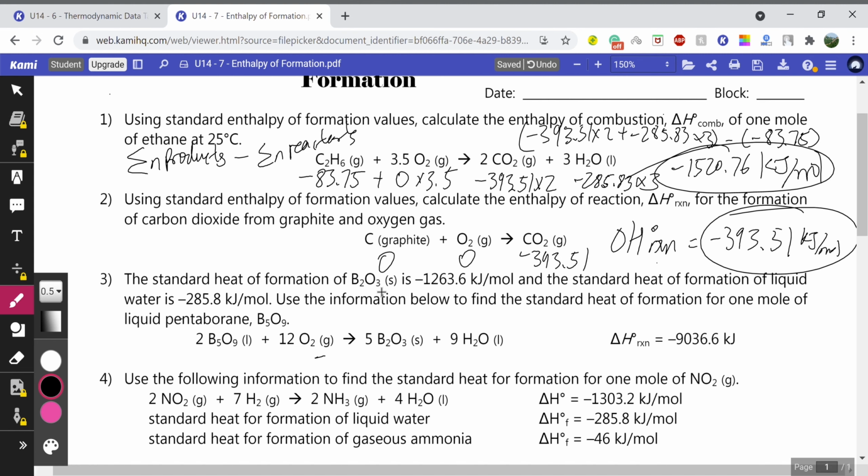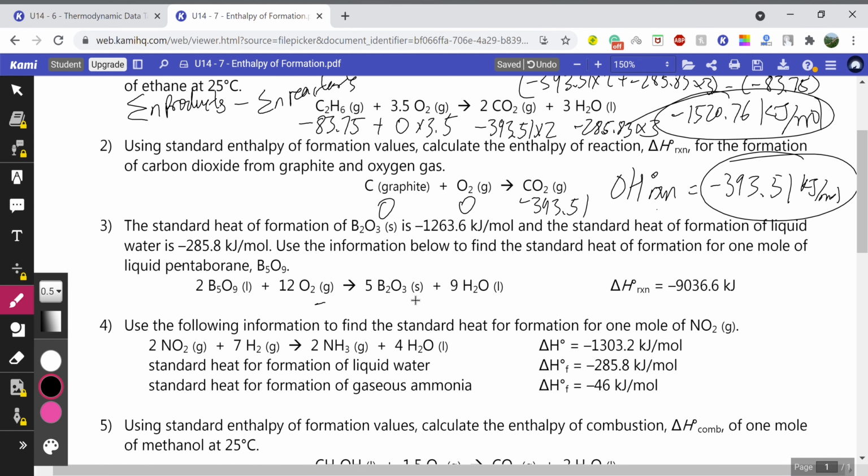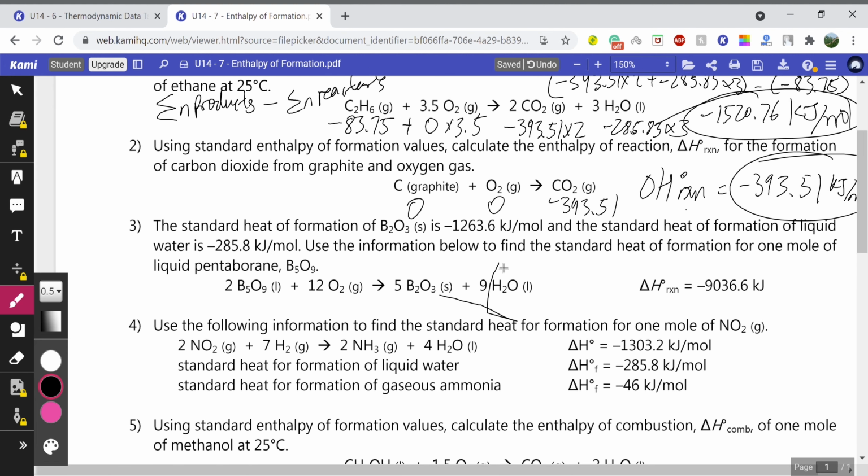Number 3, the standard heat of formation of B2O3 is given. Using this information, find it for 1 mole of liquid pentaborane. Alright, for this one, we're going to do negative 9036.6 is equal to products minus reactants.